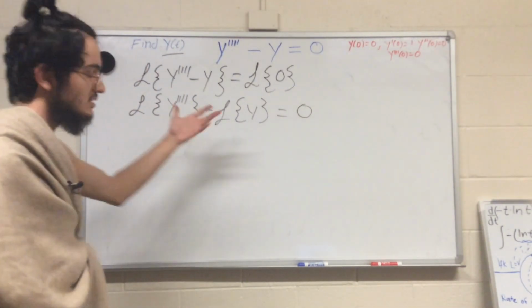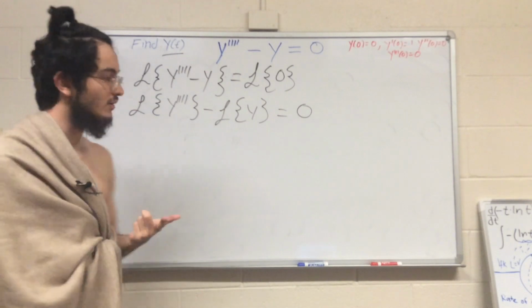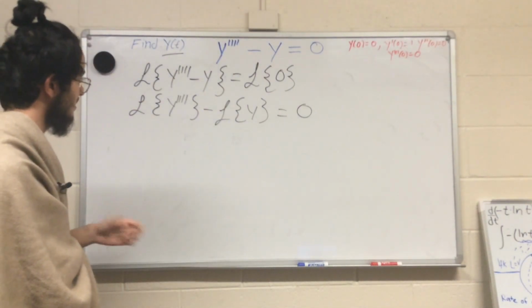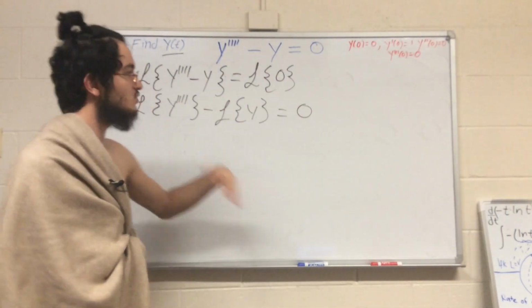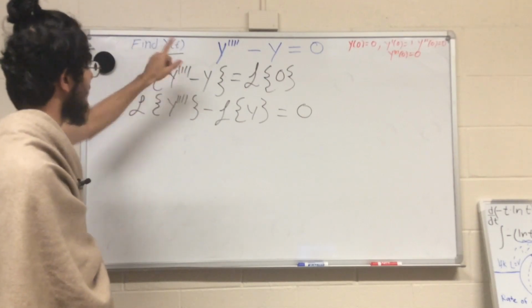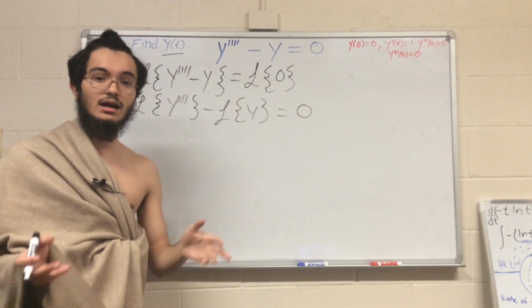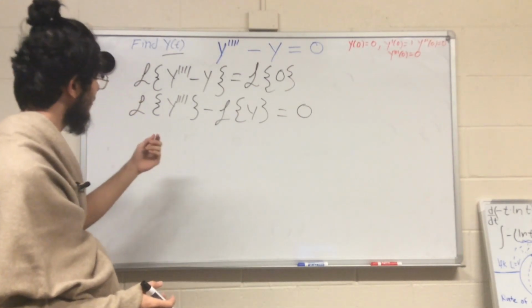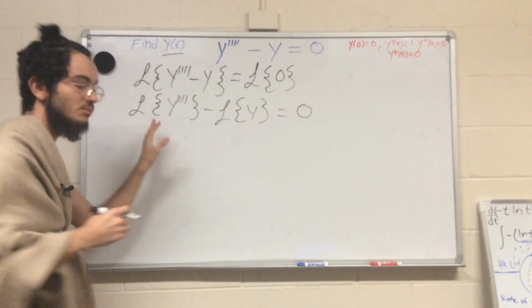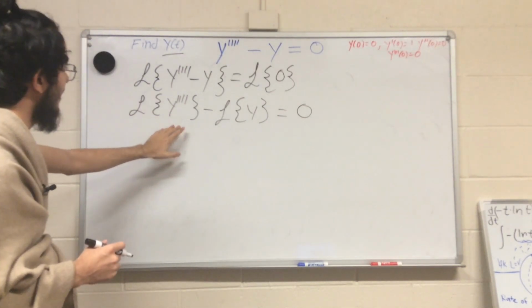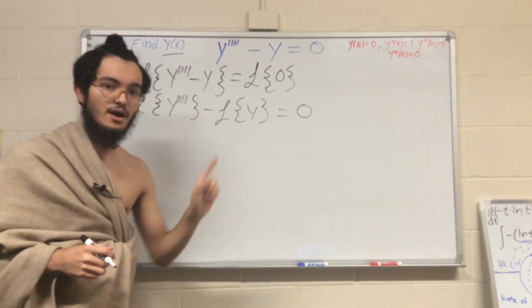So this is what it means to be a linear operator. Now we apply the same theory, assuming that the function y of t that we're going to find satisfies all the conditions aforementioned. So we're going to represent this in terms of the Laplace transform of y only.